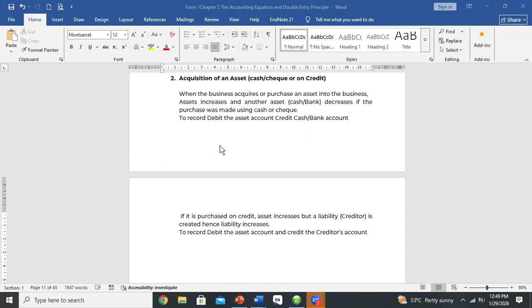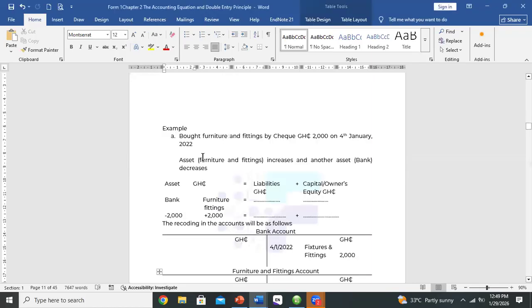Okay, so I have an example of such transactions here. One of them is: bought furniture and fittings by cheque on 4th January 2022. So here we know that the business is buying an asset, because furniture and fittings are assets. They bought it by cheque, so that's the bank. So here we have furniture and then we have bank.